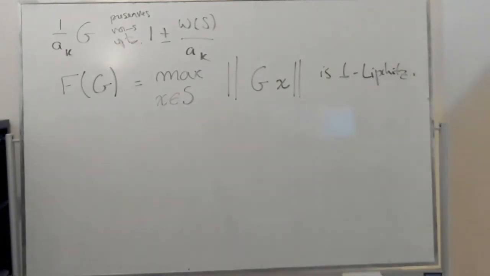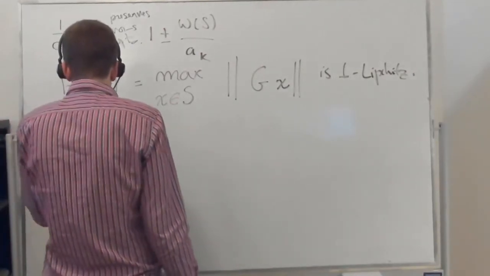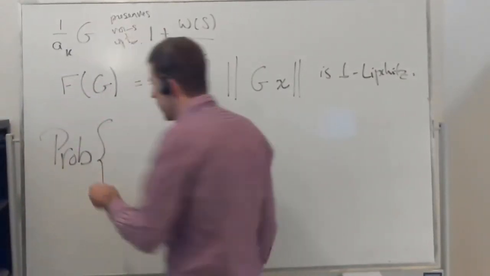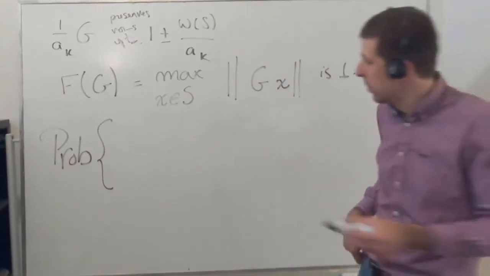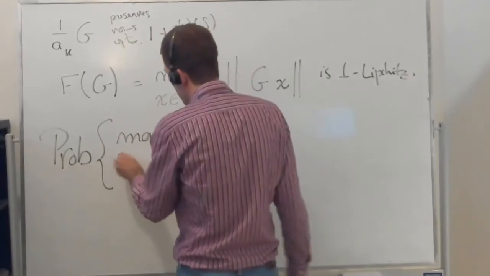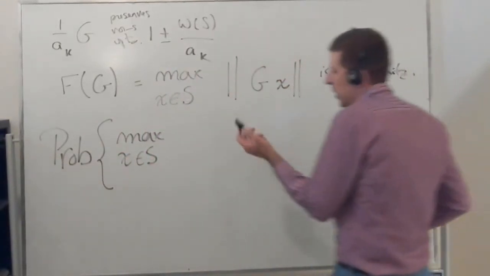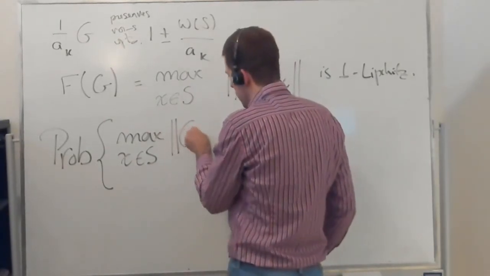So what do we get? We get the probability that this maximum, we have to do it without dividing by AK because the function is one Lipschitz, but of course there's no difference.